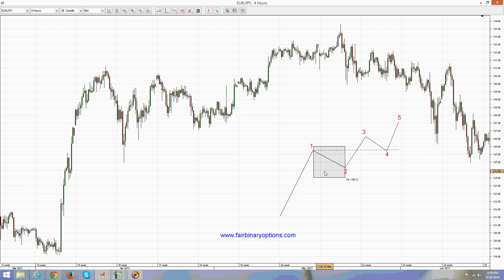Now we do have such a structure, and this structure in the chart above is going from this moment of time up to, of course, this moment of time, and this is being called a first wave extension, as it goes with wave 1, or the first wave, being the longest one.